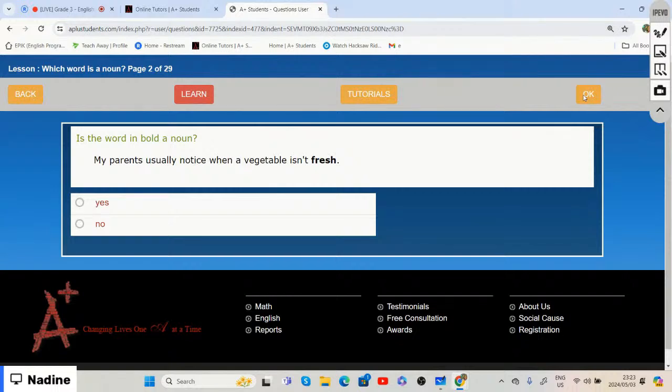My parents usually notice when a vegetable isn't fresh. So the word fresh, is the word fresh a noun? Yes. Or is it not a noun?